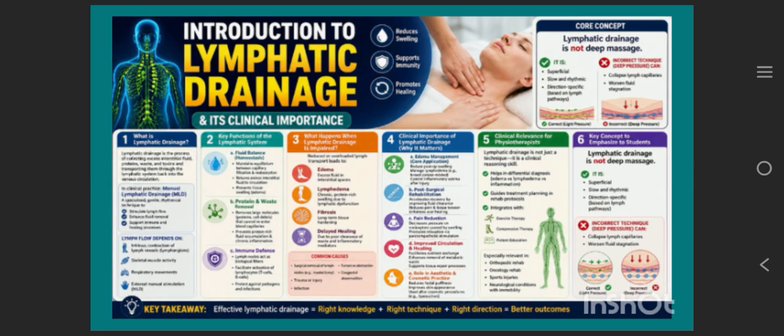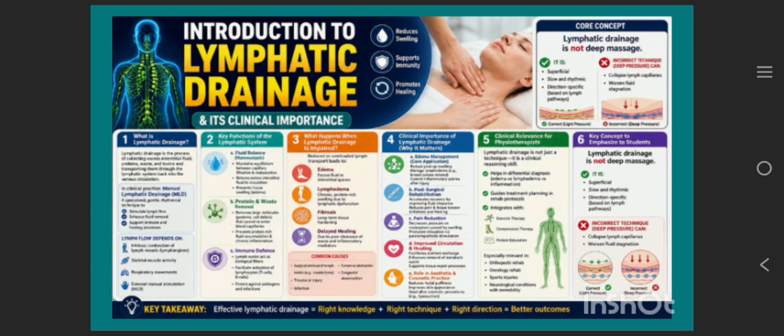Next is delayed healing, due to poor clearance of waste and inflammatory mediators. These changes may occur when lymph transfer capacity becomes overloaded or reduced: first edema, second lymphedema, third fibrosis, fourth delayed healing.